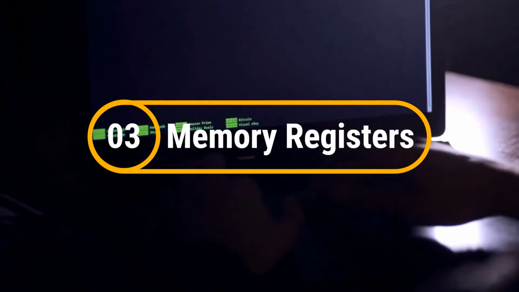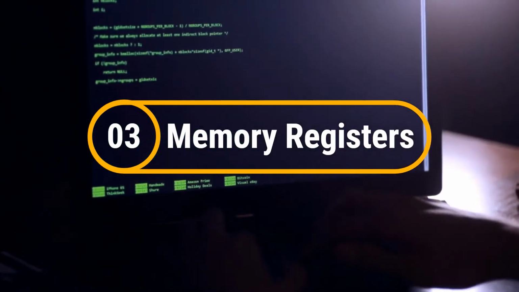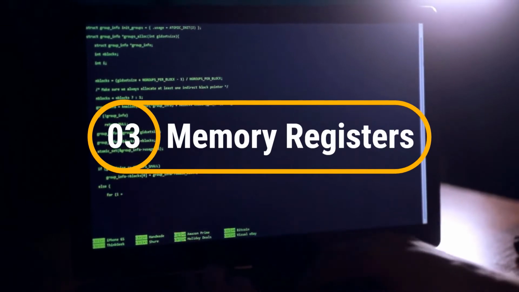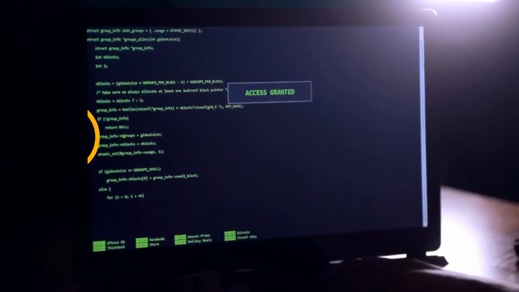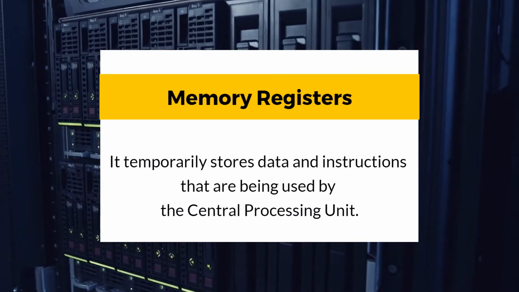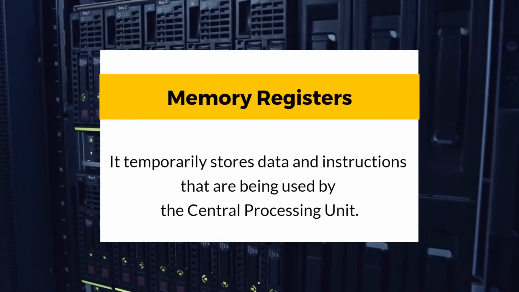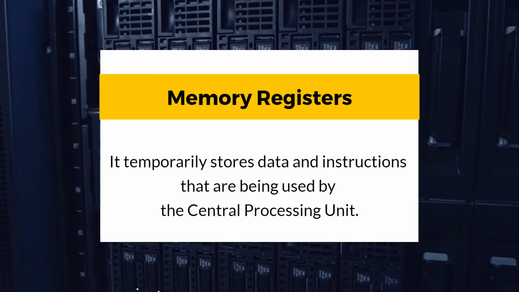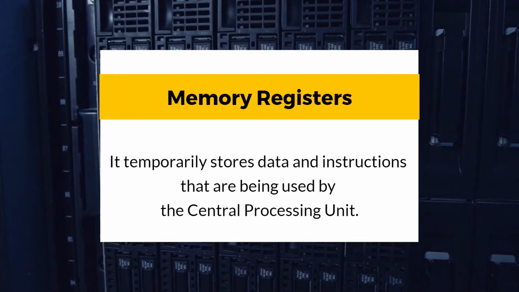The third component of the Central Processing Unit is memory registers. Memory registers temporarily store data and instructions that are being used by the Central Processing Unit.